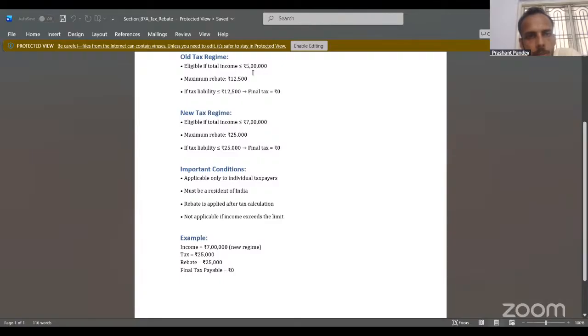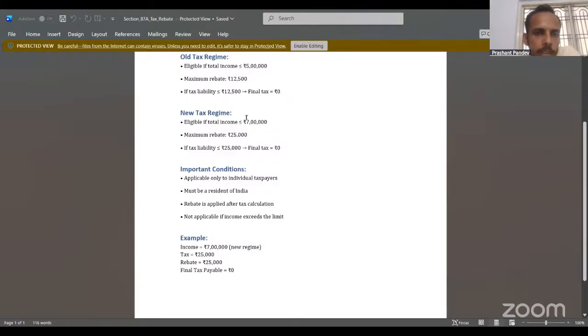In the old regime, if the income exceeds 5 lakh rupees, the assessee cannot avail this rebate of 12,500 rupees. So the total income of the assessee has to be within the prescribed limit. If it is within the prescribed limit, then the assessee has the right to avail the tax rebate.